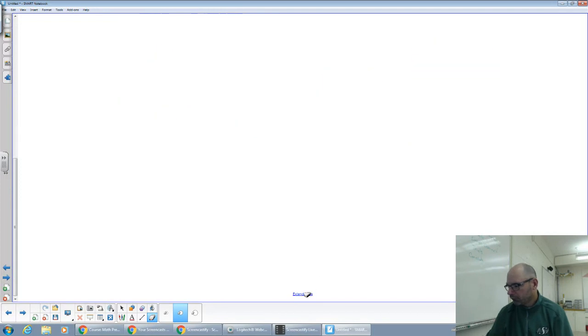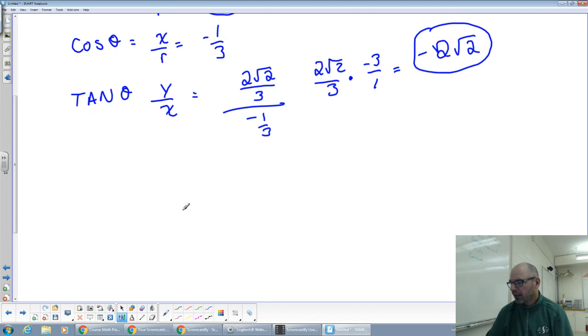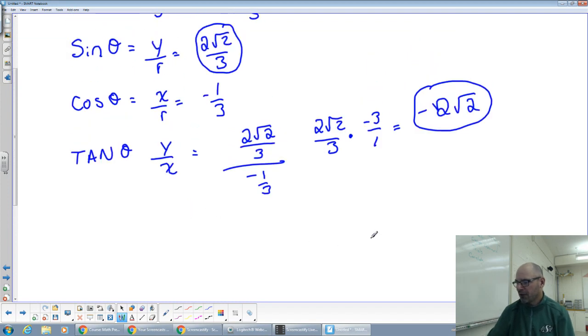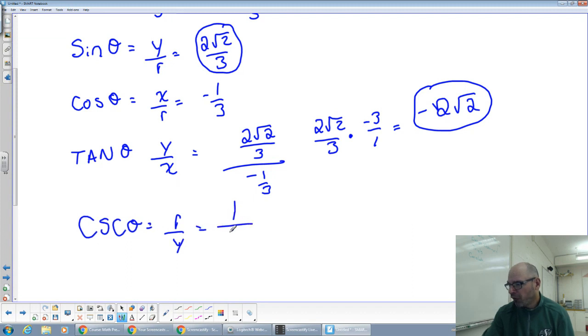All right, so sine, we'll just keep it right there. So we'll do cosecant first. That's equal to r over y. So that's 1 over 2 root 2 over 3.